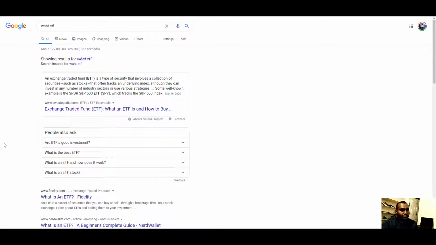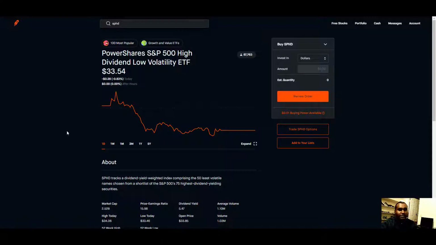The benefit of investing in an ETF is that you don't have to do a lot of work. You just put in the funds, and as long as, if you're doing a passive one, and the one I'm going to show you is a passive income one, it is very popular amongst many people, especially those focused on passive income or dividend growth. You want to know which companies they own and so forth. So let's get started.